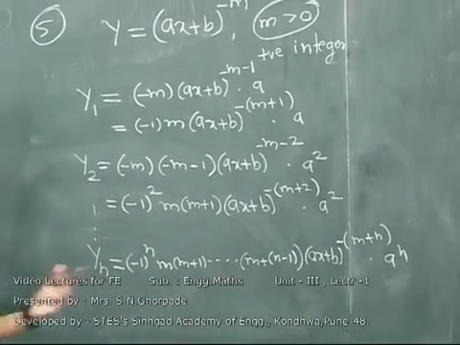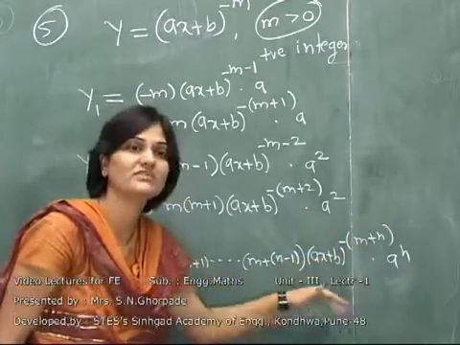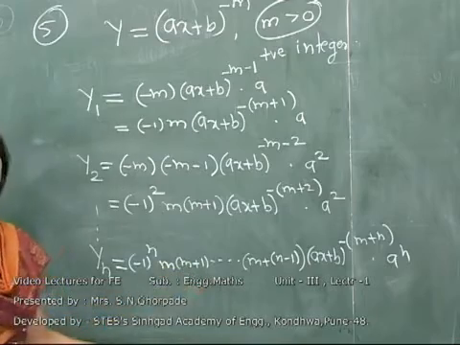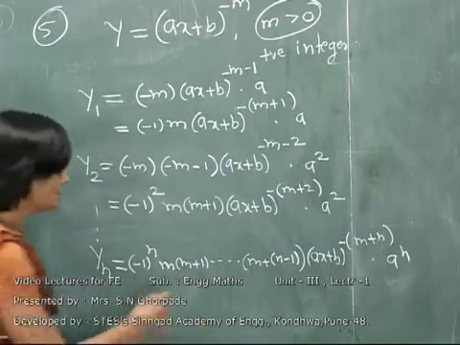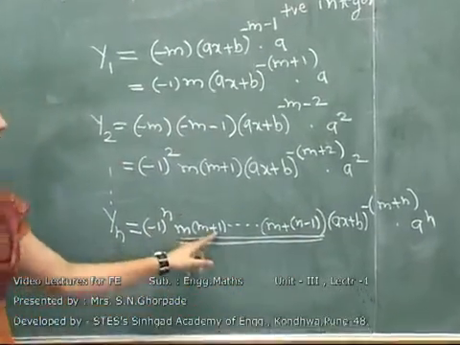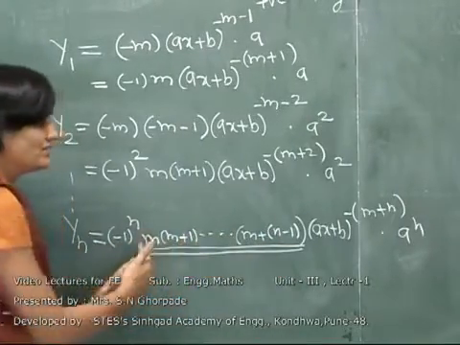But if you observe it, this formula is very big and it is difficult to apply in problems. So if we convert it into a smaller one, then it will be better to remember. See this product, m, m plus 1, up to m plus n minus 1. We'll think in the reverse way.